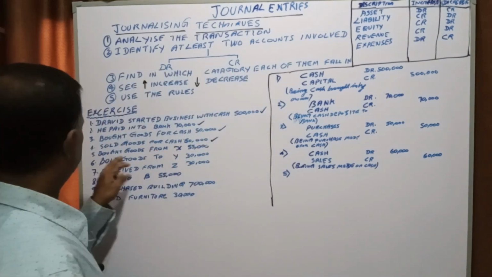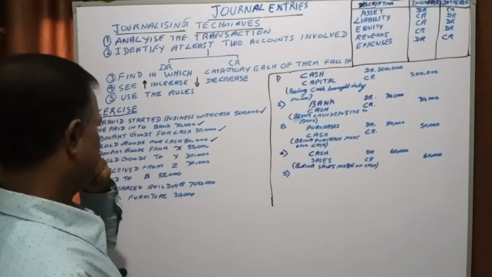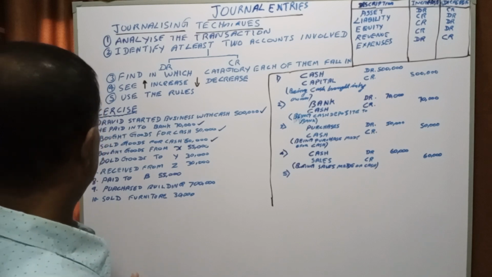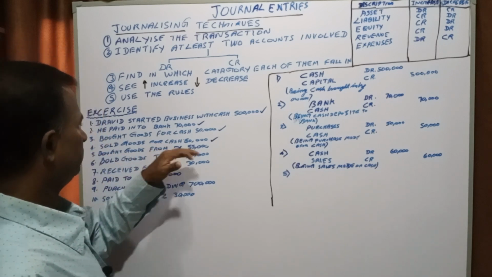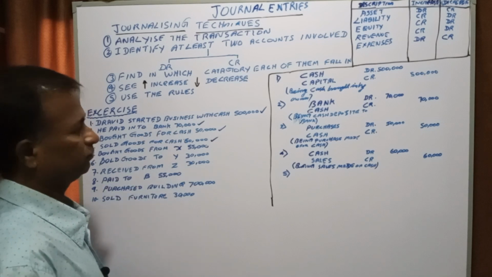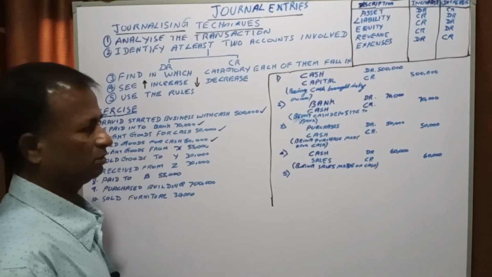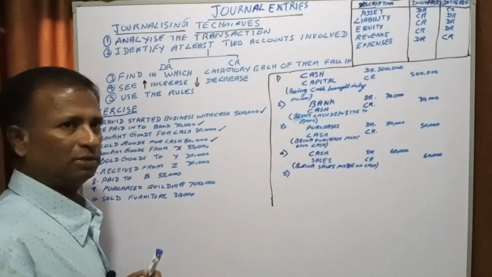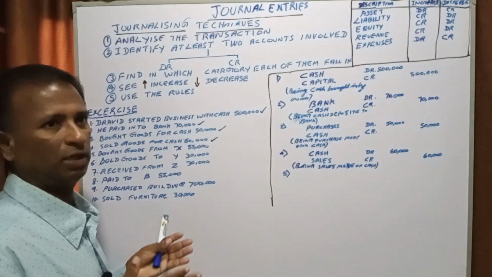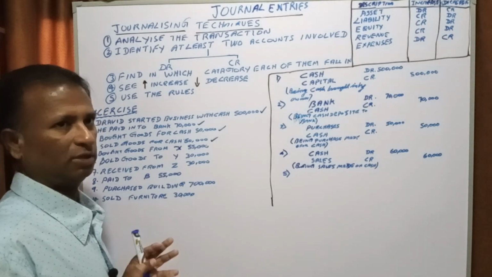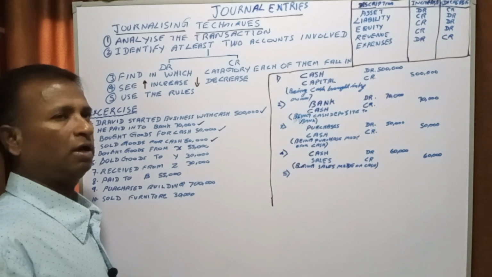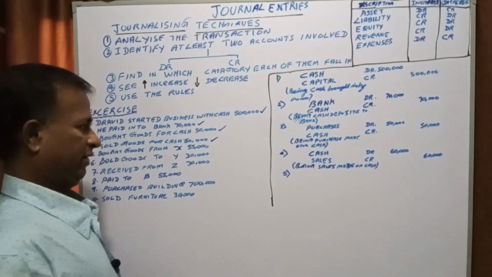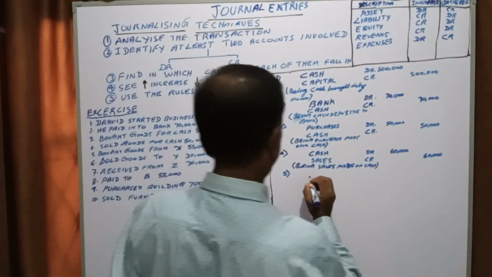And adjustment number 5, right? 4 is finished and bought goods from X for 55,000. It is a credit purchase. Bought goods from X. We are buying goods from X. What are the accounts affected? Purchases account is affected, and the other account is trade creditors, X account, right?